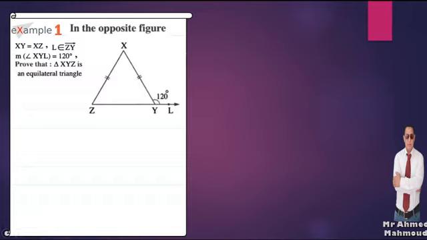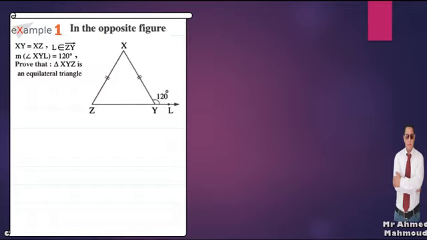The measure of angle XYL equals 120 degrees. Prove that this triangle is an equilateral triangle. We just need one angle of measure 60 degrees inside the triangle to prove that this triangle is an equilateral triangle. It's very easy.